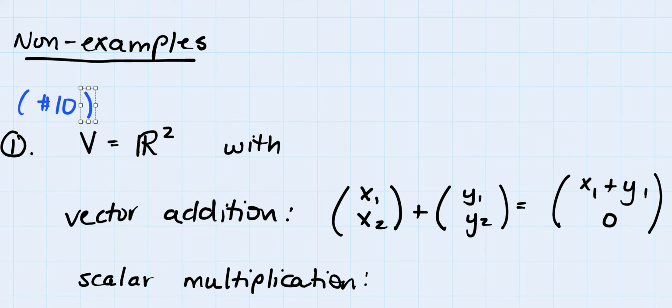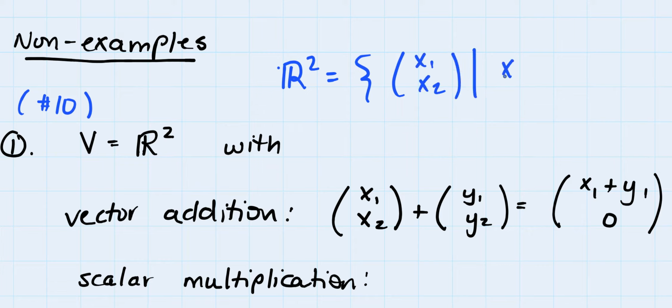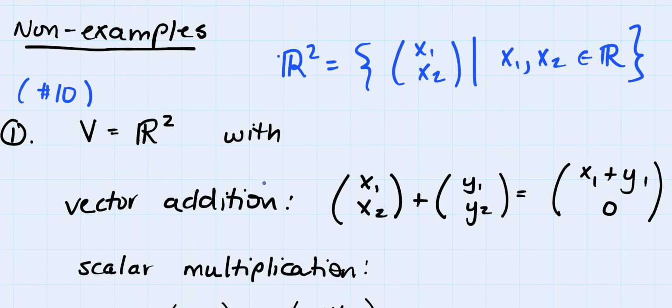And it says we're going to let V be all the vectors in R2. So we're familiar with R2. But we're going to change the vector addition.